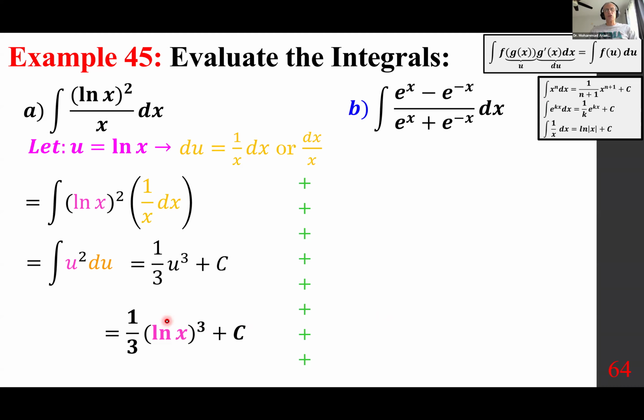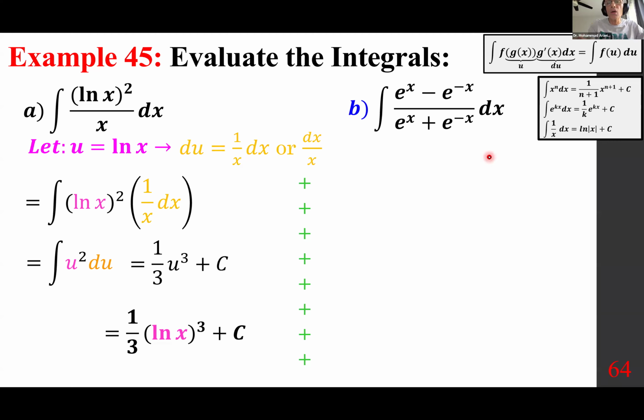We are dealing with a fractional format, and recall I said if you have a fractional format, and of course this is not a rational function, the top and the bottom must be polynomials. The methodology is similar. Number one, can I simplify? If I can, I must put it in its lowest term. The second one, if I can't, most of the time, the denominator is the choice of u.